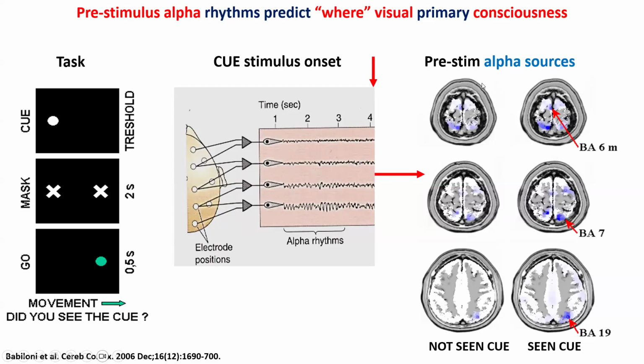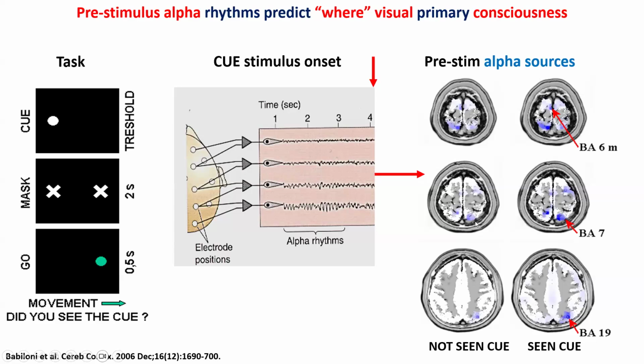Then we divided the trials in EEG trials related to not seen cue stimulus and EEG trials related to seen cue stimulus. We estimated the alpha source activity in blue.